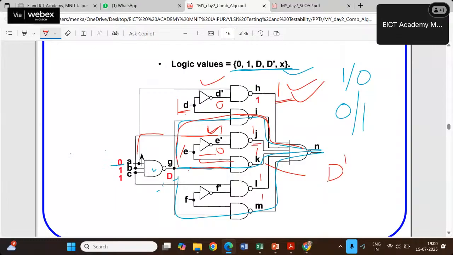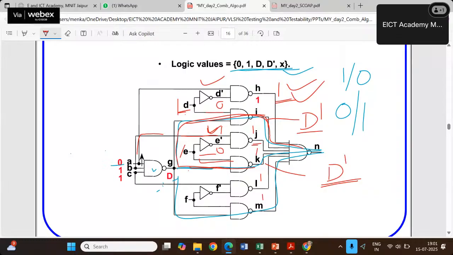Here it is D dash, and here also it was 1, so it was D dash. At I also it was D dash, and here also instead of 1, I am getting D dash. So D dash ANDed with D dash is D dash only. So it means I can simultaneously propagate the fault through I and K, not alone with I.